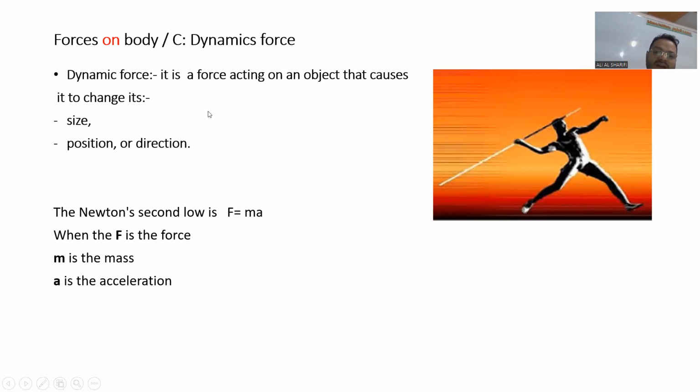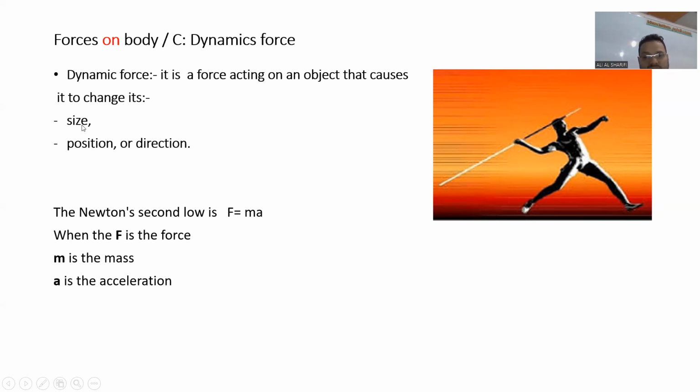The last one is the dynamic force, when we throw a spear like that. What will change? Its direction, sure. What about its weight? What about its mass? What about its length? It changes its size, position, or direction.